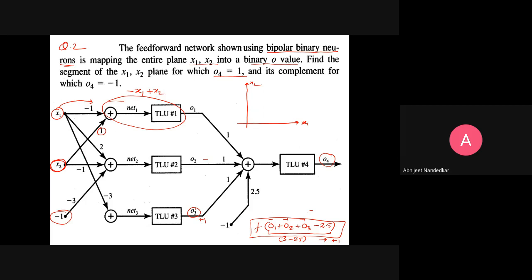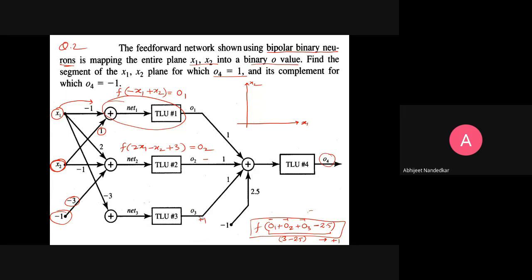So this is the net value, minus x1 plus x2, and a function of this will produce output O1. Now when I go to the second neuron, you can see it is 2x1 minus x2 minus 1 multiplied by -3, so plus 3. Am I right? A function of that will give you output O2.